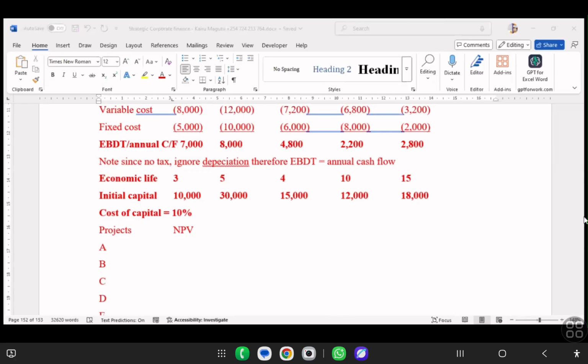Compute the NPV so that you assess whether you understand. See how much you've gotten as the NPV for each.